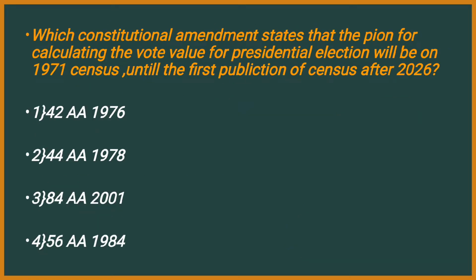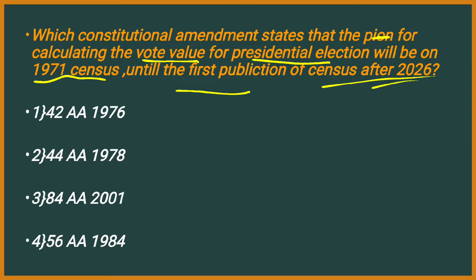Next question. Which constitutional amendment states that the vote value for the presidential election will be calculated on the 1971 census until the first publication of the census after 2026?